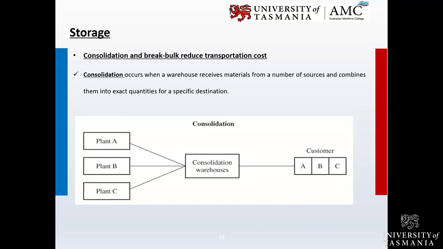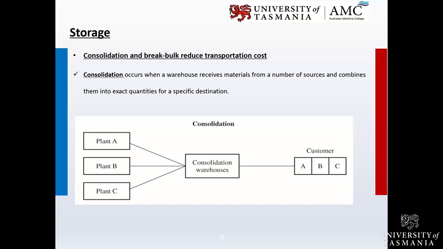Now we look at different types of storage functions. First, we look at consolidation. As previously discussed, consolidation means shipments are from different origins. In this fig, for example, shipments are from plant A, B, C, so different origins.